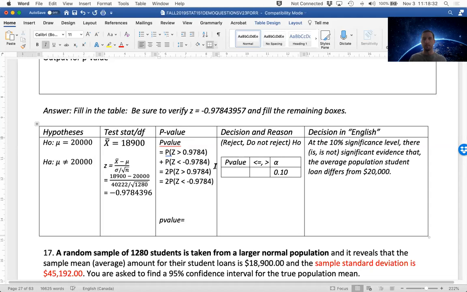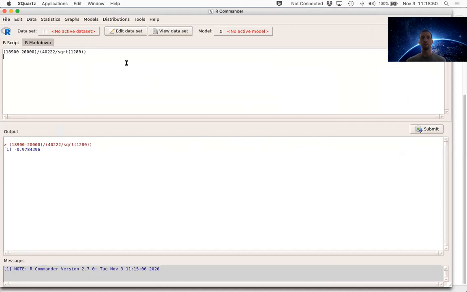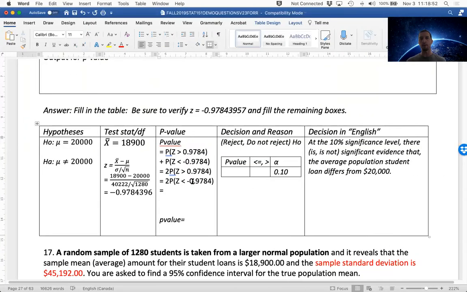Okay, now, typically, to solve this type of problem, we would have to go to the z table, but we don't have to do that here because we are working with the Rcmdr. So from Rcmdr, we're actually able to work out the p-value directly. So to do this, we're going to look up either the probability of being less than negative 0.9784, or we could look up the probability of being greater than positive 0.9784.